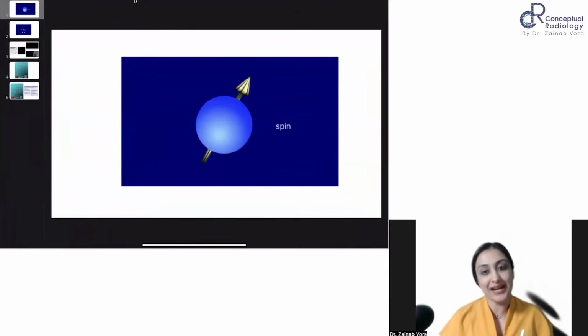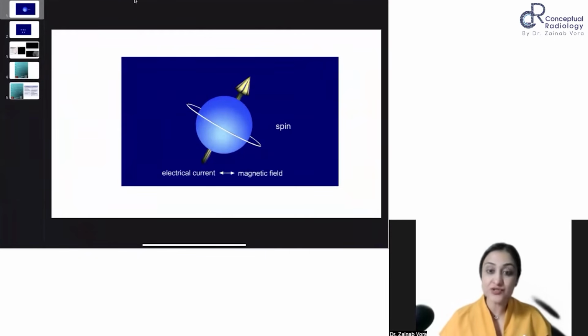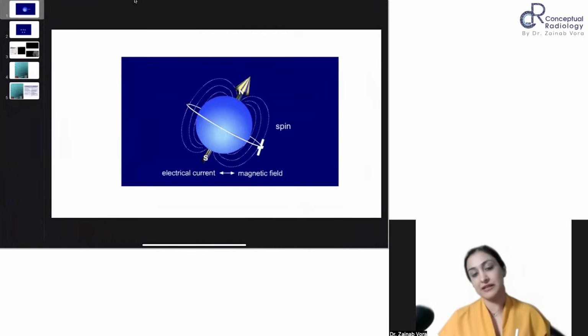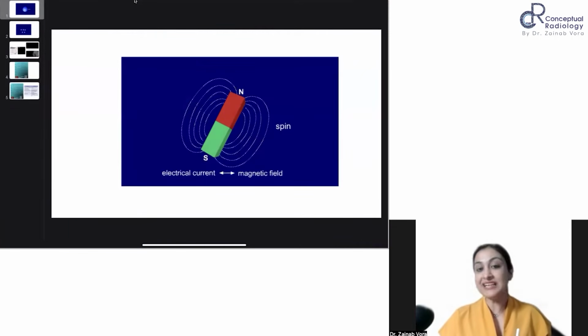And because they are a charged particle which is spinning, it generates a magnetic field. So there are these micromagnets floating around in our body, right? You can see there is an electrical current that spins, which leads to a magnetic field around itself. So this is the first part.